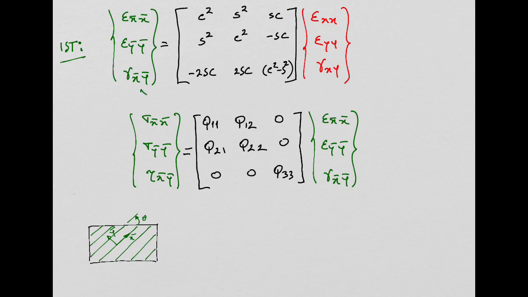Once I have that, I multiply it by the stiffness matrix of the lamina to obtain my stress in the local coordinate system. So this is my second step.